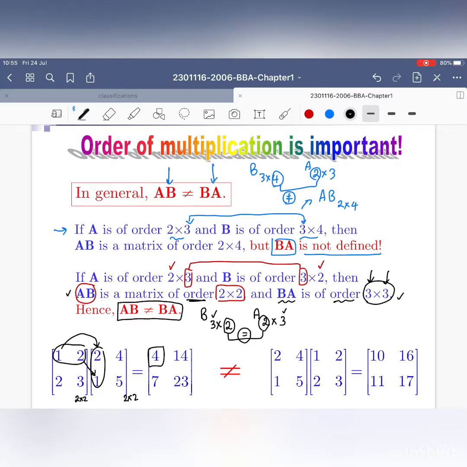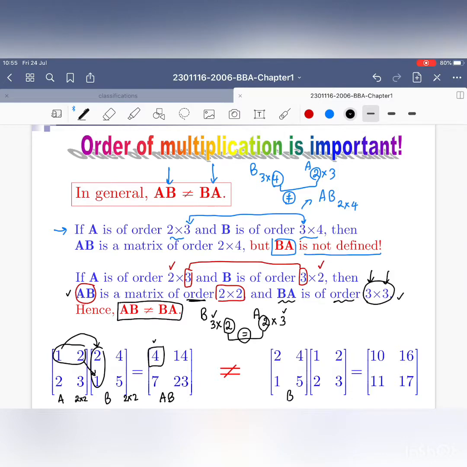Let's say this is A, this is B, this is A times B. The first row and first column, the A11 of A times B, is 2 plus 2, so you get 4.